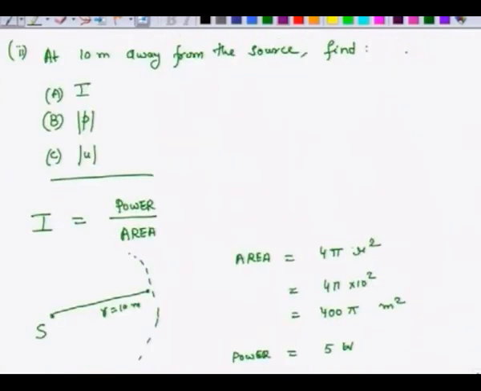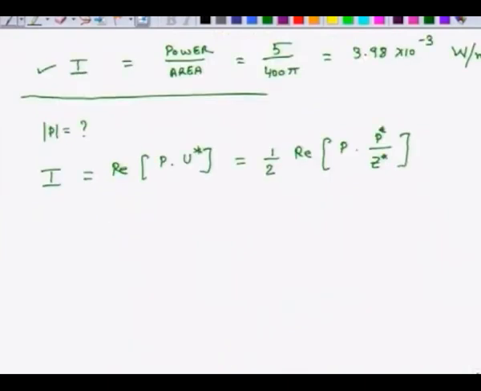So, using this information, we can say that z is approximately equal to z naught for large values of r.